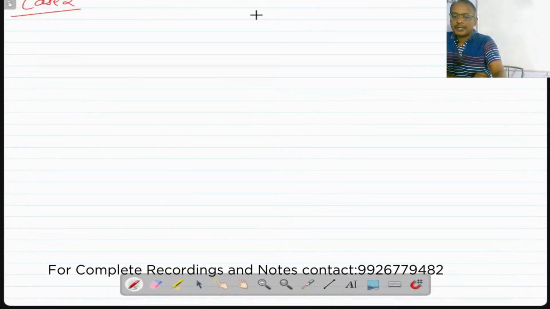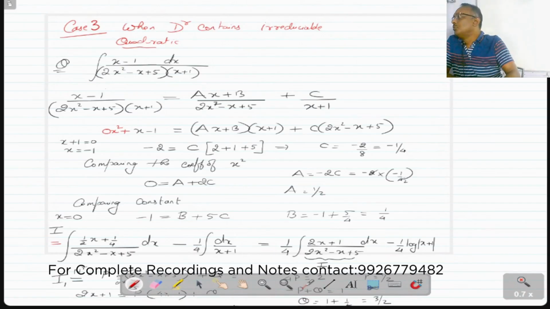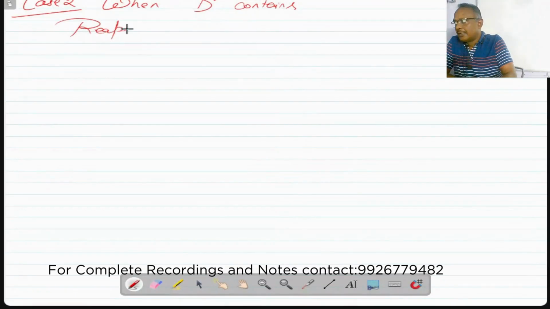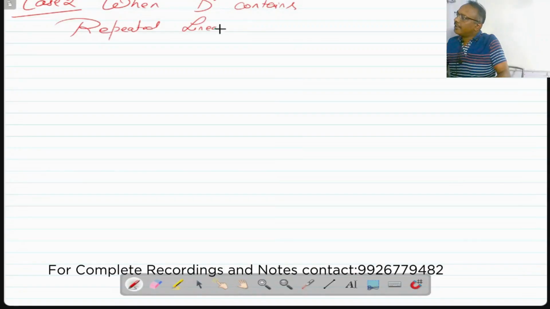Case 2 says when the denominator contains repeated linear factors.